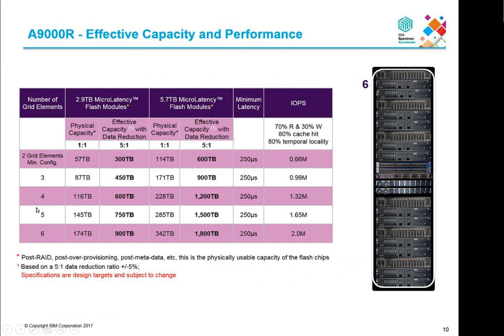Again, same change between physical or usable capacity and effective capacity based on that 5-to-1 data reduction. Again, based on data, customers' mileage is going to vary, and when we start looking at the GUI, we'll talk a little bit about projected system capacity and where we make some changes to make the projected system capacity line up better with what is actually going on.